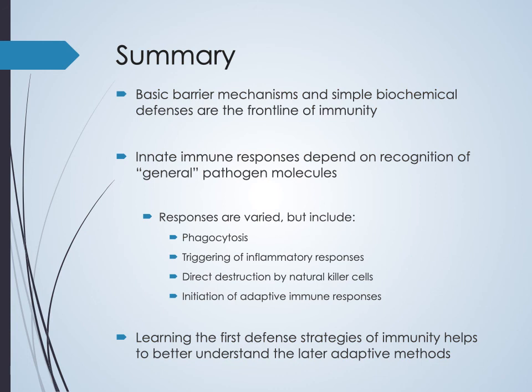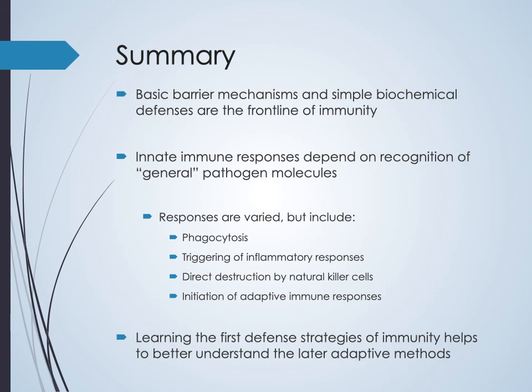And so when we have a breakdown in these barriers, physical and chemical, that's when pathogens, potential pathogens, microbes can be introduced to us, and it's the innate immune response that helps to have a general recognition of pathogenic molecules, and the response could be phagocytosis, it could trigger inflammation, we could have direct destruction through the natural killer cells, and then initiation of the adaptive immune response.